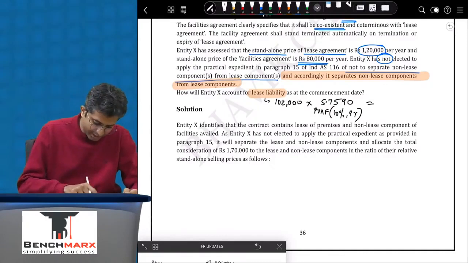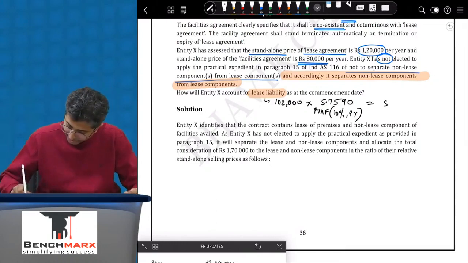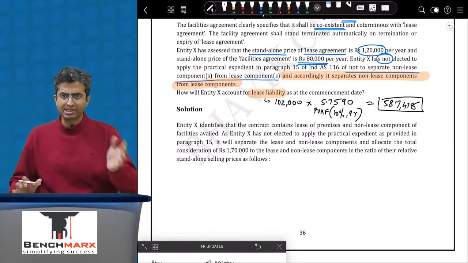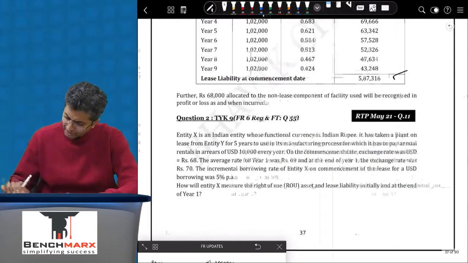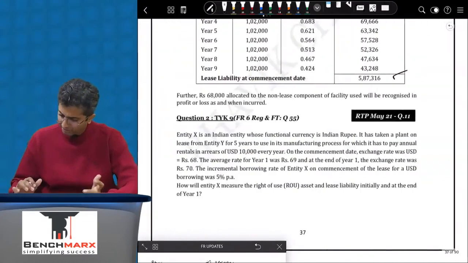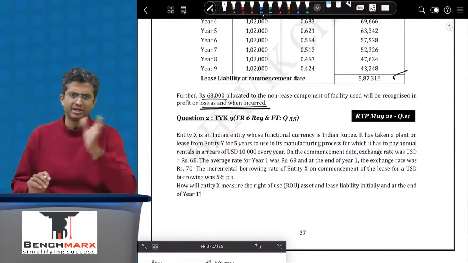If we multiply this, 1,02,000 into 5.759 comes to, I guess, 5,87,418 approximately, which will be the value of the lease component. 68,000 will be recognized as expenses as and when they are incurred. So this is approximately 587,316, and 68,000 will be recognized in the P&L as and when it is incurred.